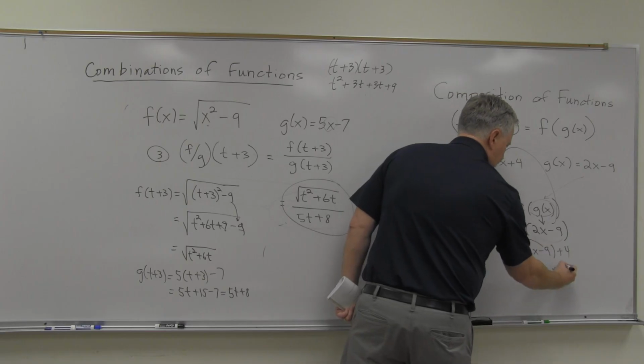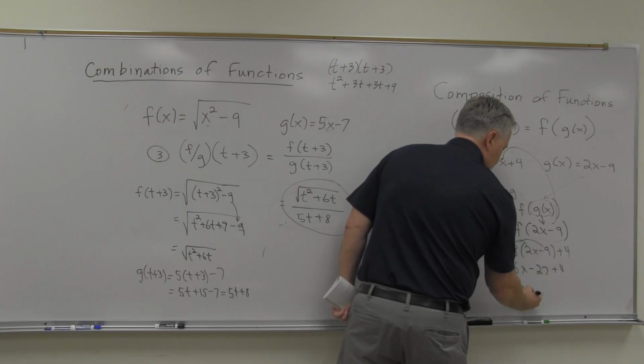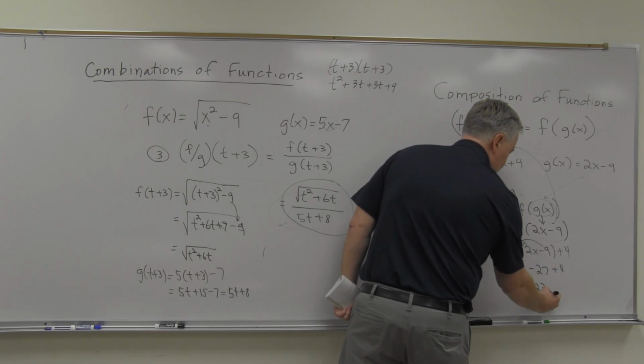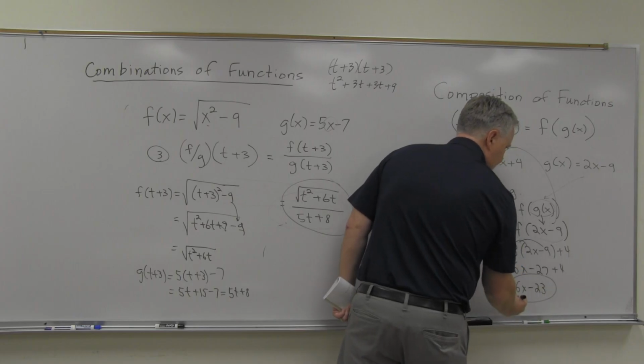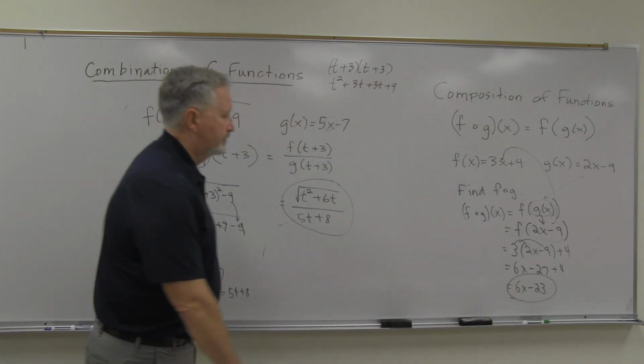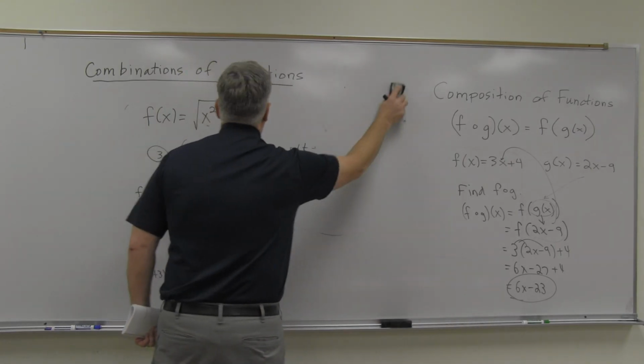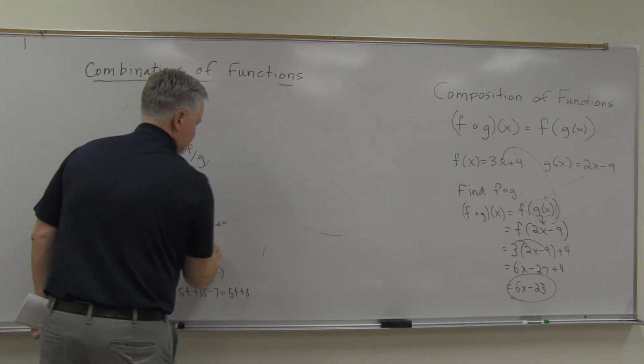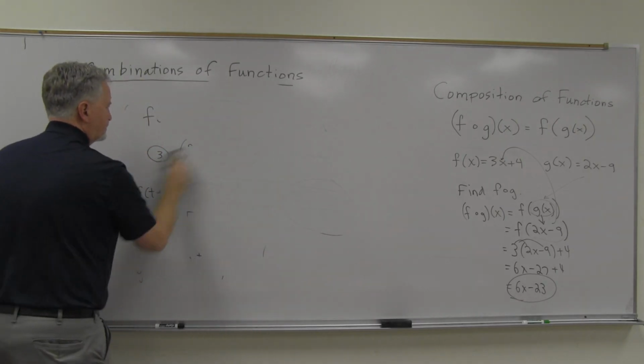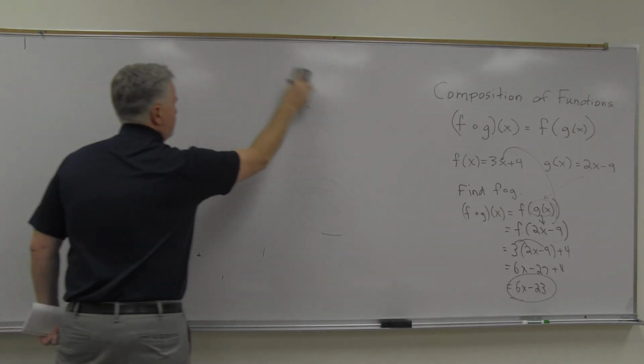Distribute. Plus the 4, so it's 6x minus 23, right? Okay.